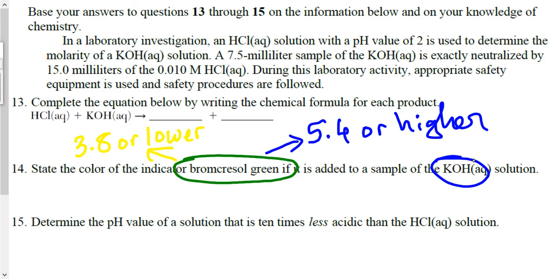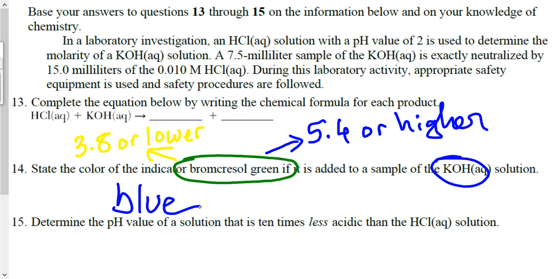Since potassium hydroxide is a base, which should have a pH of 7 or higher, the solution color is going to be blue. So if you are using bromocresol green in a basic solution, the color should be blue because the pH level should be 7 or higher.